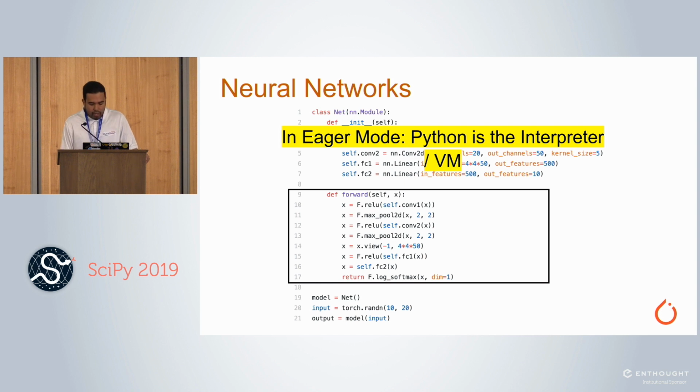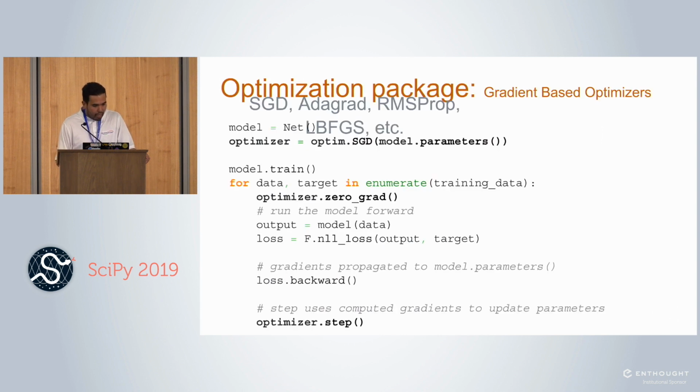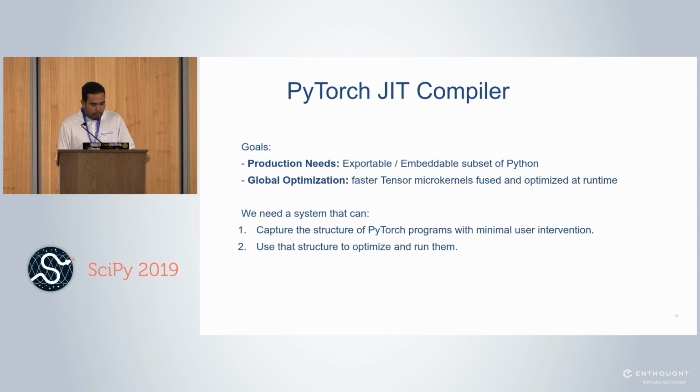In eager mode, it's Python. The Python is the interpreter and VM. In JIT mode, torch.jit is the interpreter. Optimization package, gradient-based optimizers. PyTorch JIT compiler goals: production needs and global optimization.